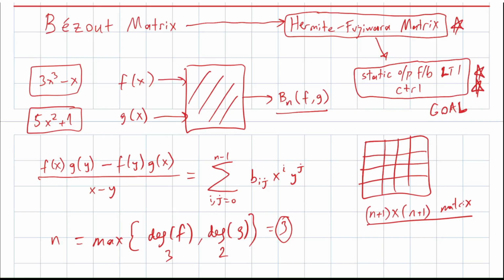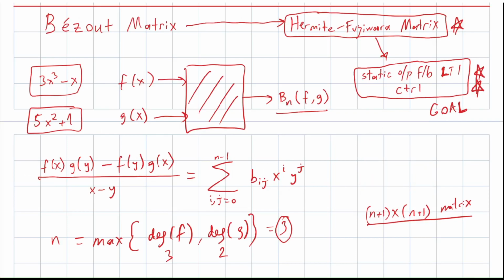Let's say it's like 1, 2, and it has to be symmetric, by the way. Something like this, an n plus 1 by n plus 1 matrix. This is in a nutshell the introduction.